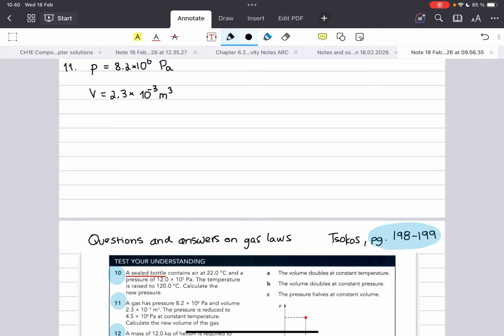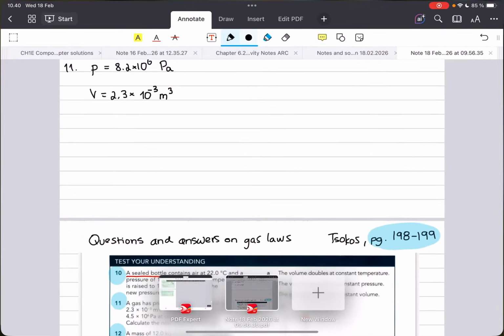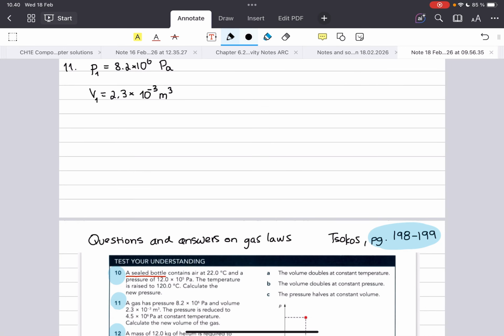And now it says the pressure is reduced. So if this one was P1 and V1, you reduce the pressure to P2, and the new pressure is 4.5 times 10 to the 6 pascals, and it's asking for the new volume.